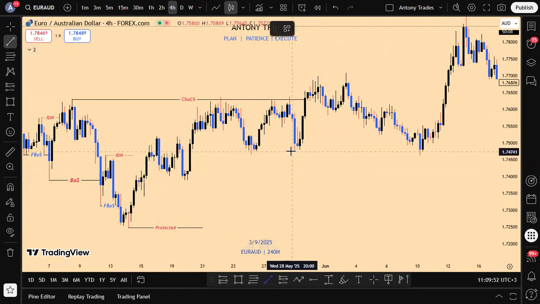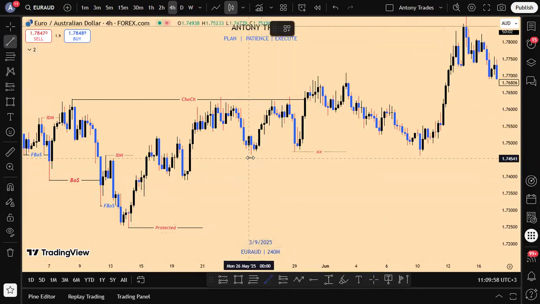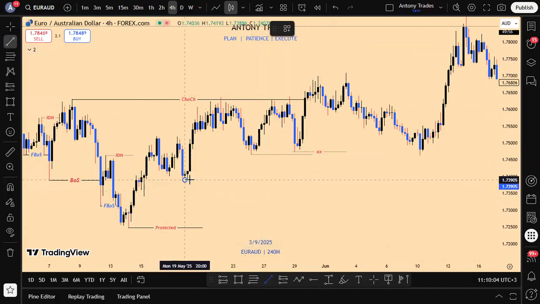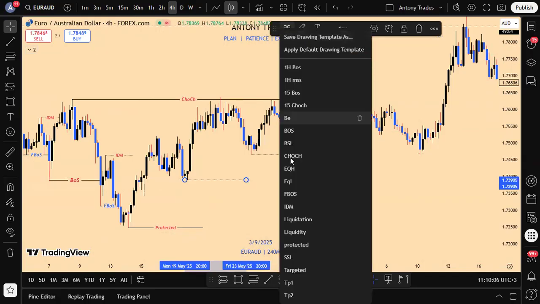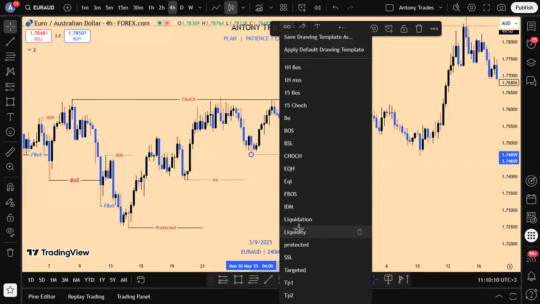So this low becomes liquidity. This low also becomes liquidity. This low also becomes liquidity. These are our liquidity.